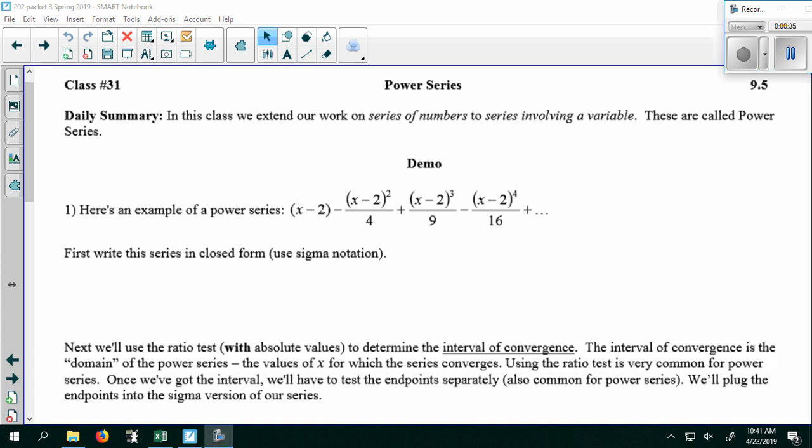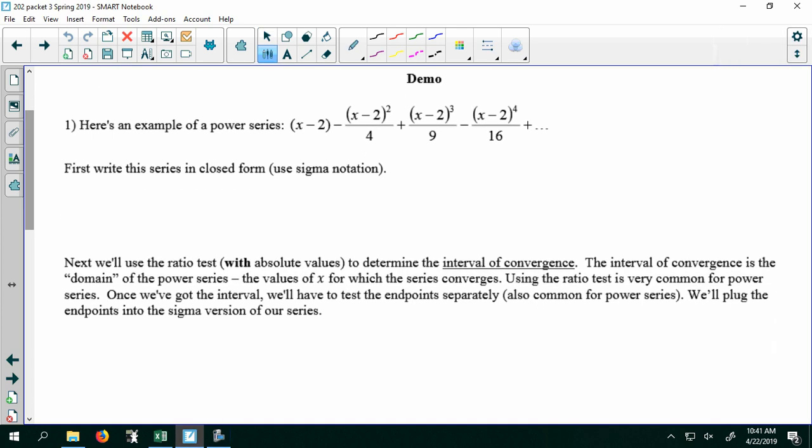So first thing I want to do is write this in closed form, which means use sigma notation. So I want to look at each term, and if I put the hidden exponent and denominator on that first term, it's a little bit easier to come up with the standard form. So every single term has an x minus 2 to a power.